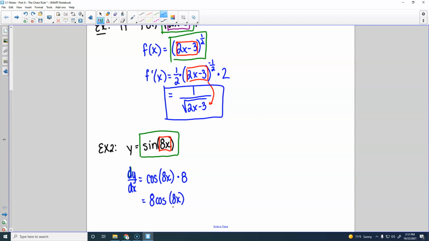The problem is a lot of times students forget to multiply by that derivative that's on the inside. Okay. All right, questions?